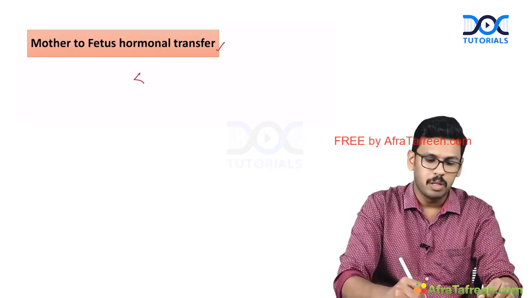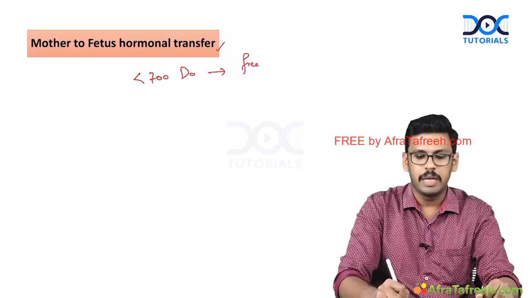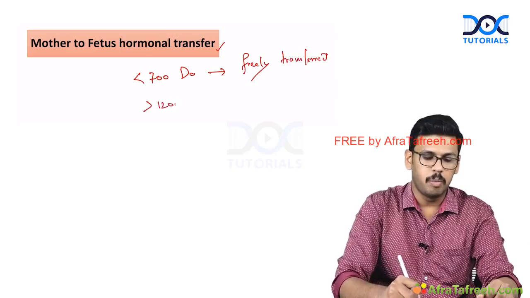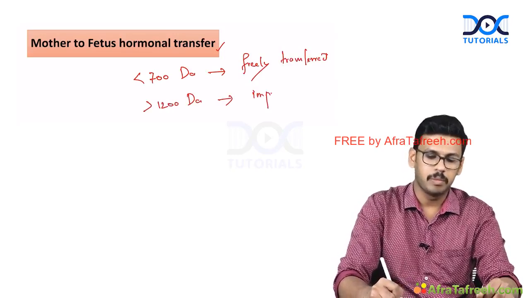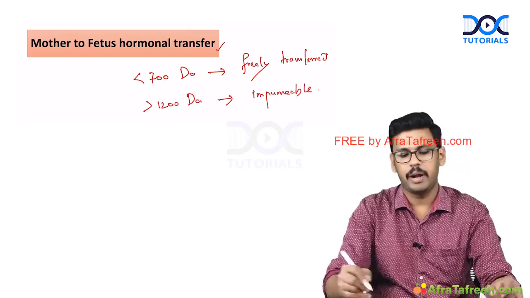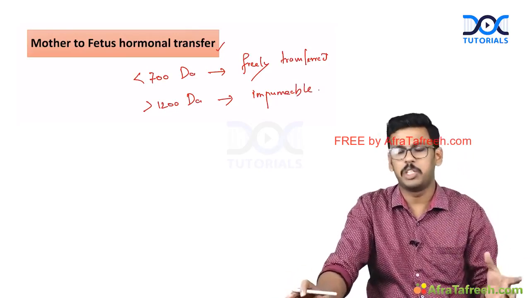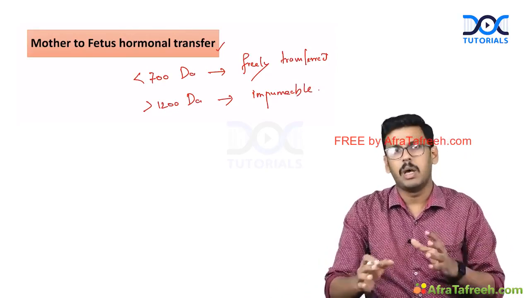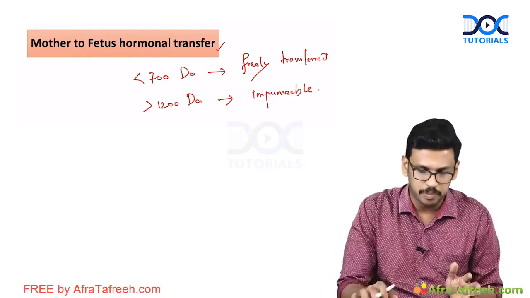Those hormones with a molecular weight of less than 700 Dalton are freely transferred, and those with a molecular weight of more than 1200 Dalton are impermeable. Between 700 and 1200, it depends on various factors like the charge, the repulsion and everything. So less than 700, there is free transfer across the maternofetal membranes, and more than 1200, it is impermeable.